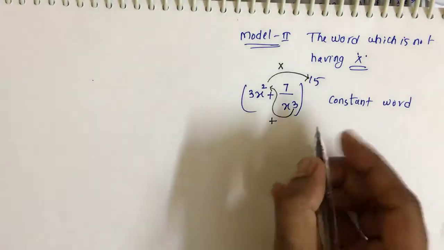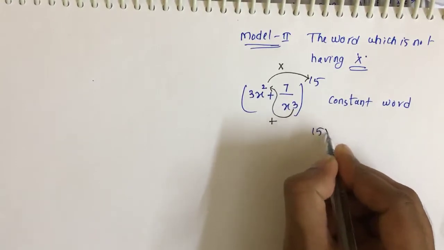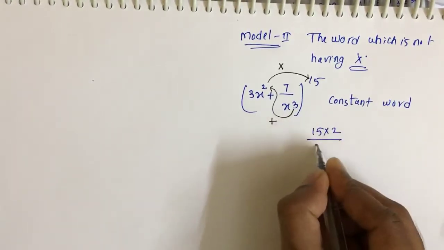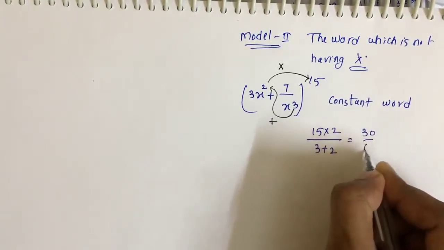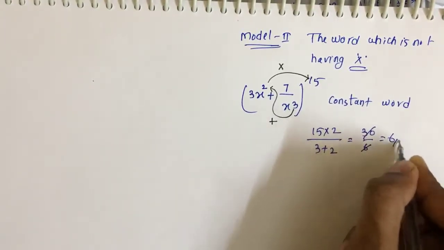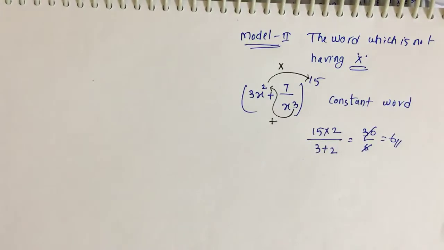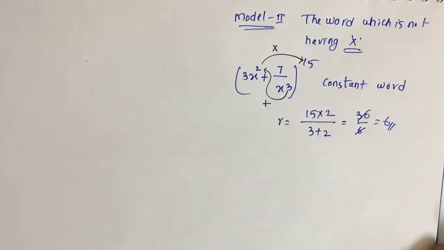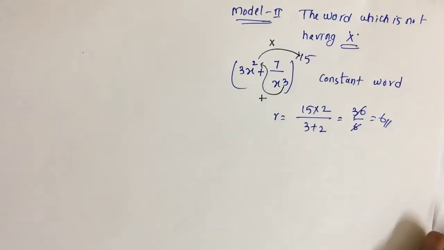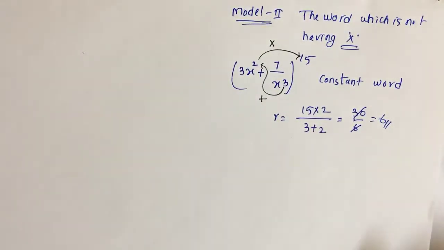Okay, so now 15 into 2 by 3 plus 2. It's very simple. 30 by 5 is equal to 6. It is that simple. So now this is the r value. So first we have to identify the r value. So this is the way to calculate the r value.